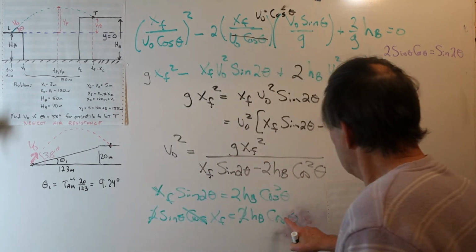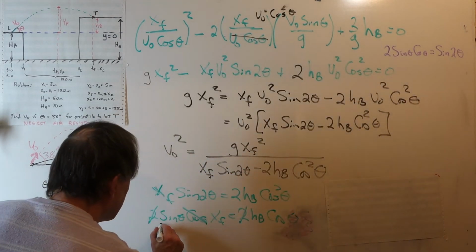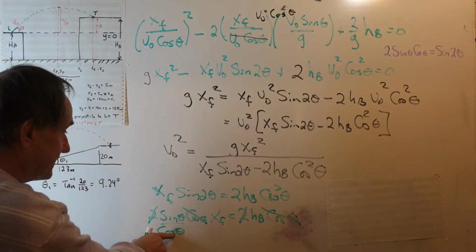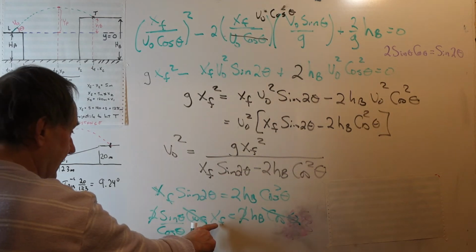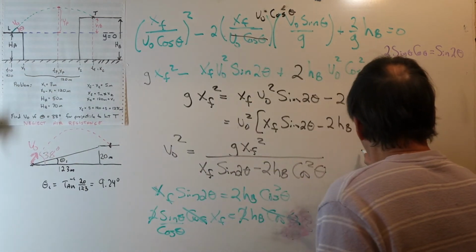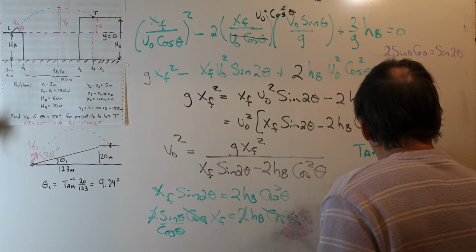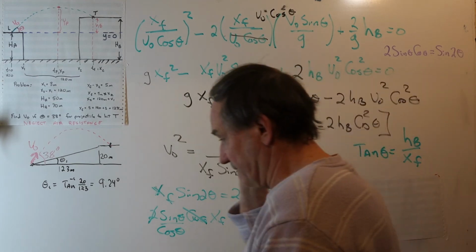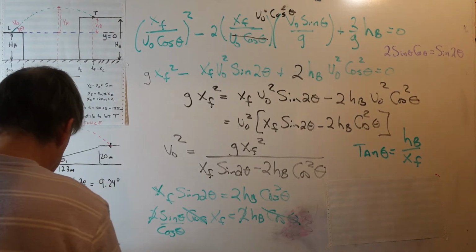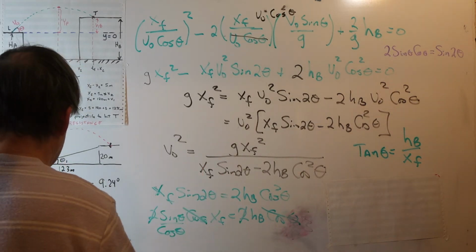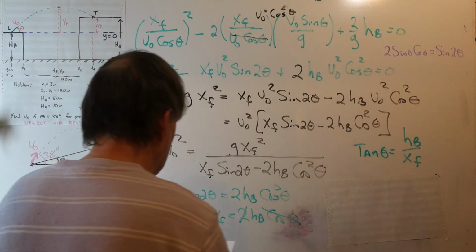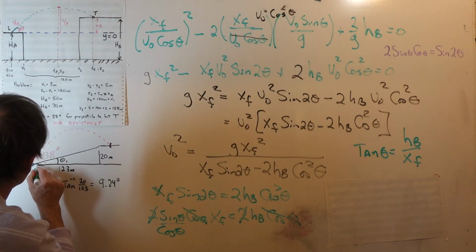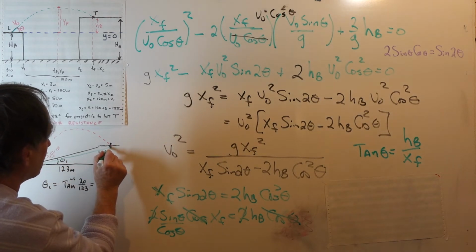So we can write this. Let's divide through by cosine theta. And that cosine theta goes out, so we have the tangent of theta is related to xf and hb. So we can write this as tangent theta equals hb over xf. Now we know hb and we know xf. This corresponds to an angle theta 1 that's going to go like this, right through the building.